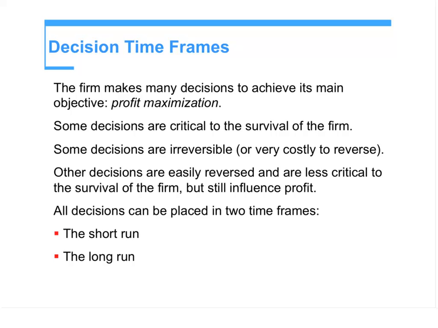Some decisions are critical to the survival of a firm. And then some of them are irreversible. You make decisions and they cost us money, and then we cannot cancel those. We cannot reverse those decisions we make.